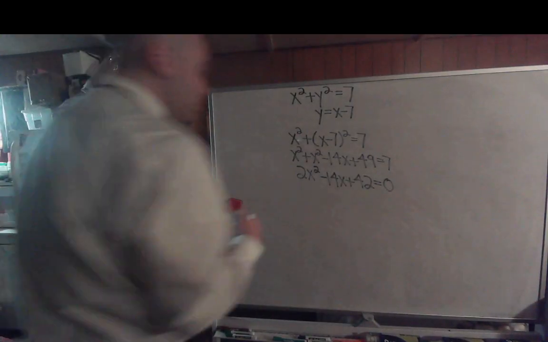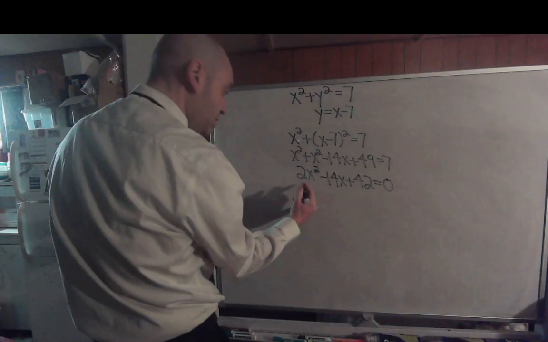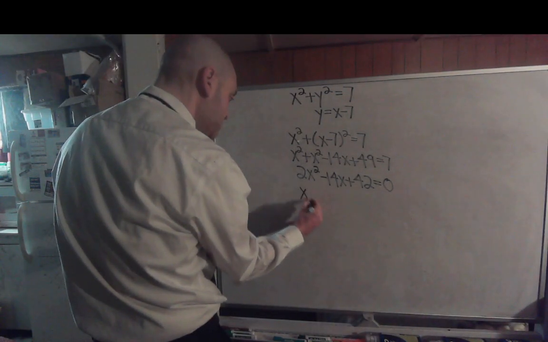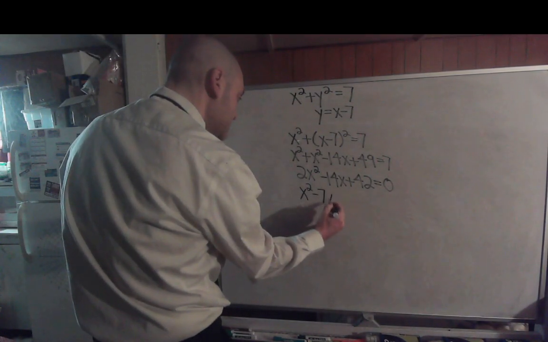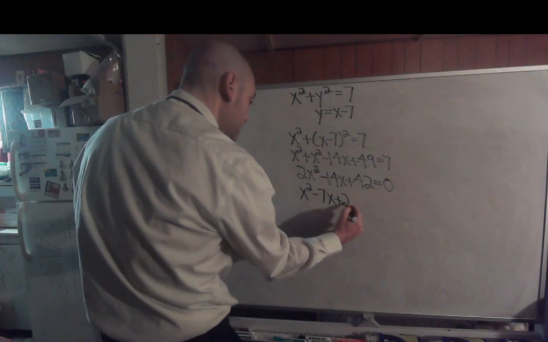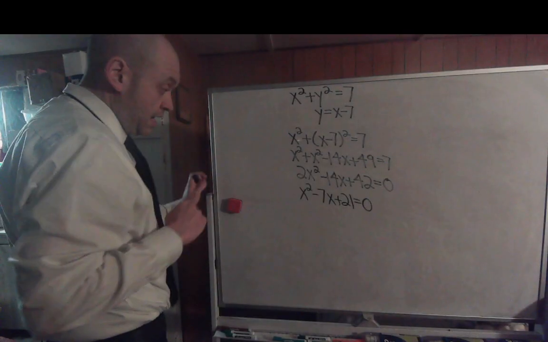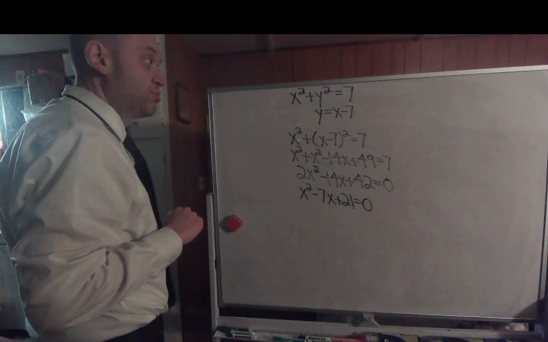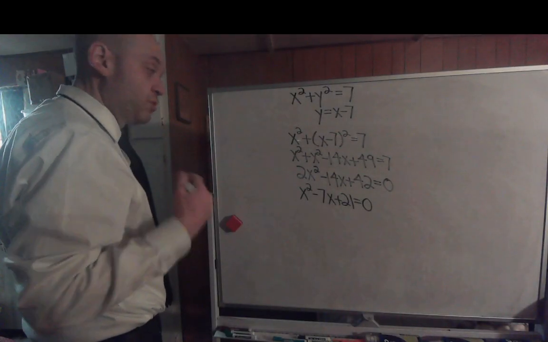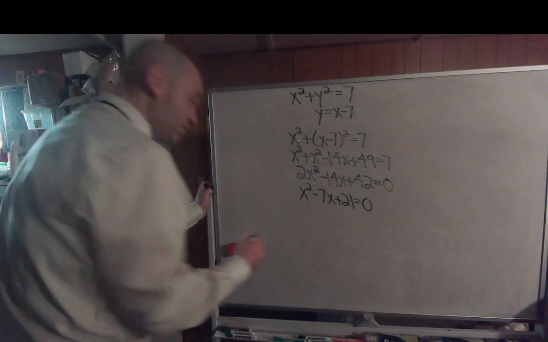There we go. So you factor this. You can factor out a common 2 from this quadratic equation, dropping it down to x squared minus 7x plus 21 is equal to 0. And guess what? We have another not so pretty equation. So this is going to be another quadratic.